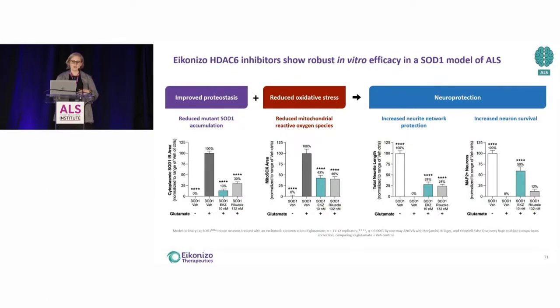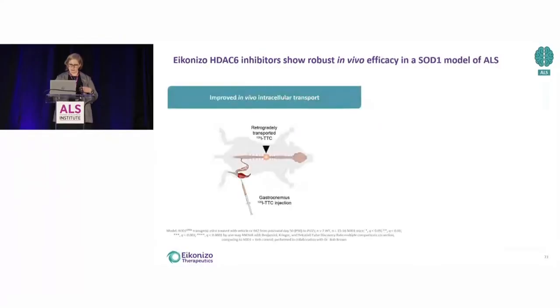Okay. We were, however, unable to evaluate our mechanistic pillar of axonal transport in this system, so we next turned to an imaging-based technique to quantify net retrograde axonal transport in SOD1 mice using a recently published elegant technique developed in the lab of Dr. Bob Brown. We were very fortunate to collaborate with Dr. Brown and his lab for this study.